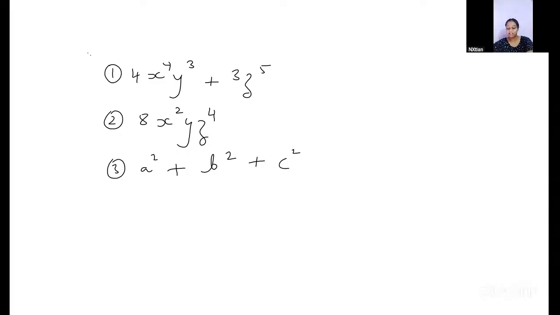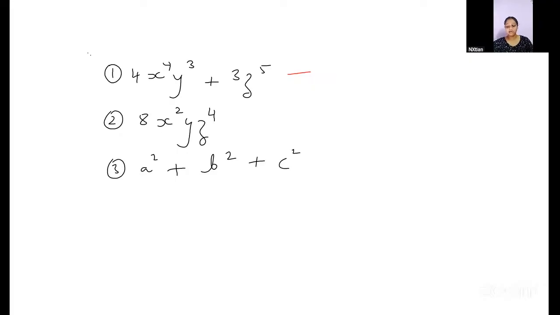Okay. Now, how many terms are there in the first question? Is it monomial, binomial, or trinomial? Ma'am, I think it's trinomial. Why trinomial? Because there are three terms.